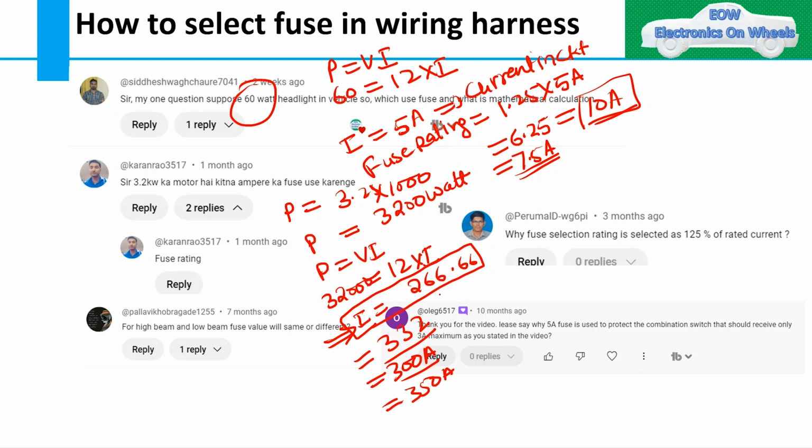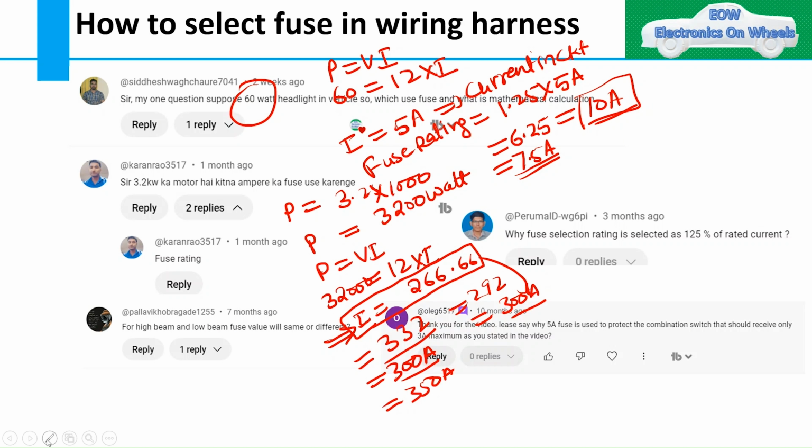So if I take 266 into 1.1, then it will come around 292. So OEMs are directly using 300 amps of fuse, because it is a mega fuse, slow blow fuse. So that is also one reason here. So you can go to 300 amps of fuse also, and 350 also, not a problem.